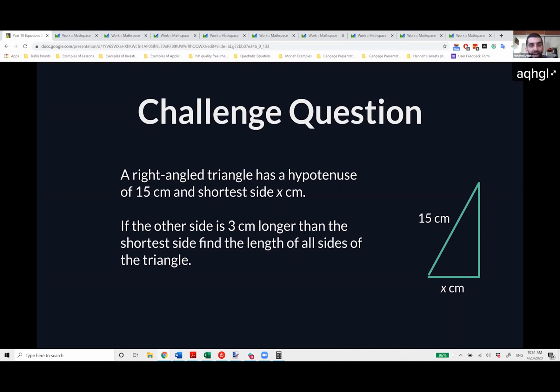I'm going to have to use our skills that we talked about last week with expansion and factorization. So it's a bit of a challenge question.